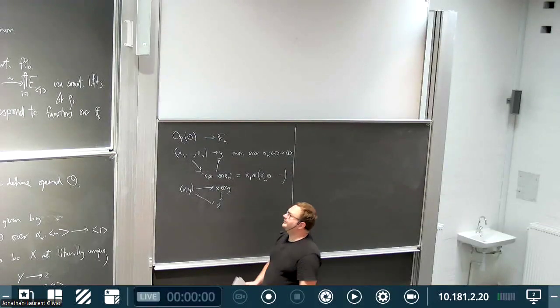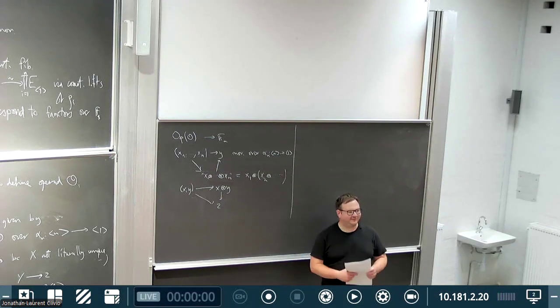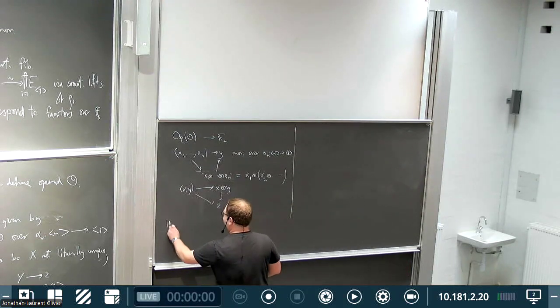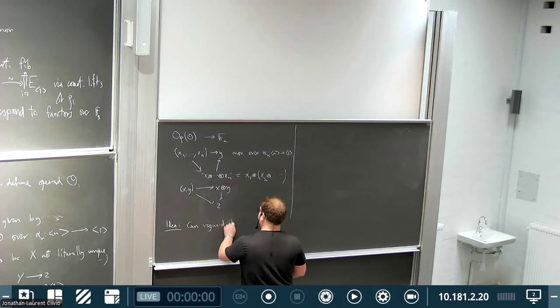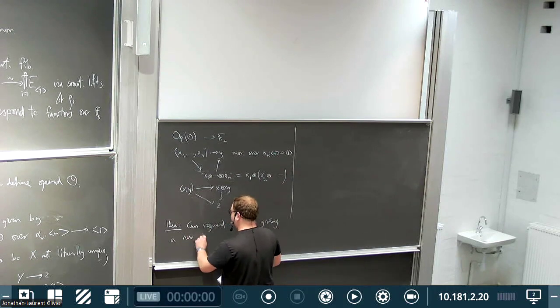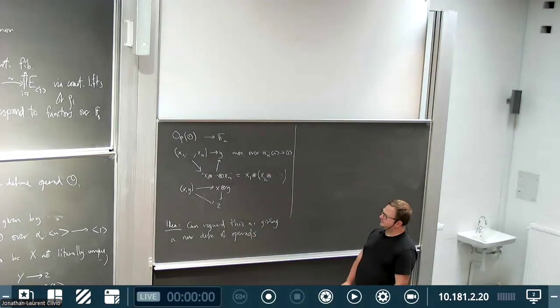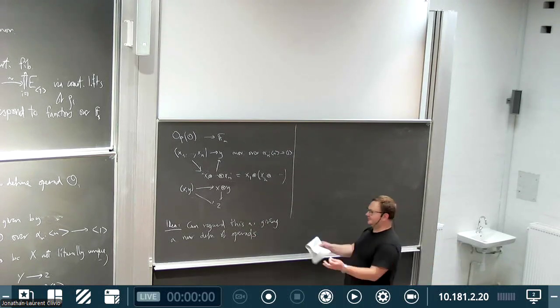Okay, so if you buy all of this, which I don't think I explained very clearly today, but it is true, then you can regard this here as a new definition of operads. That I think you can argue has some advantages over the classical definition, even in one categorical setting.